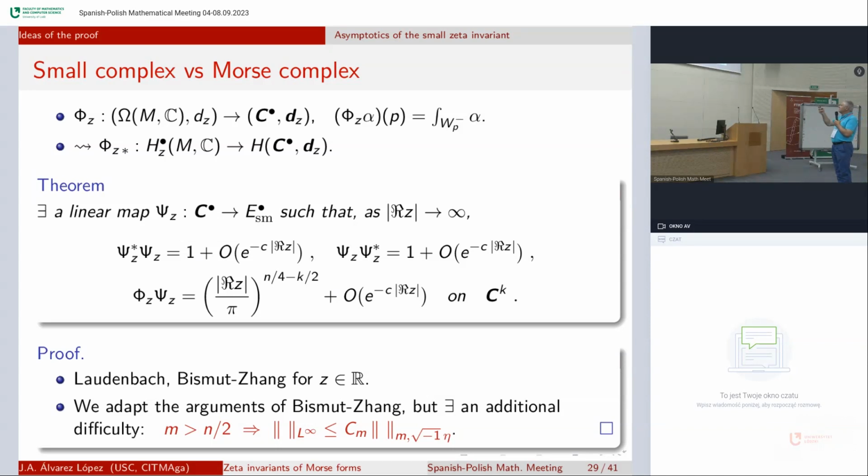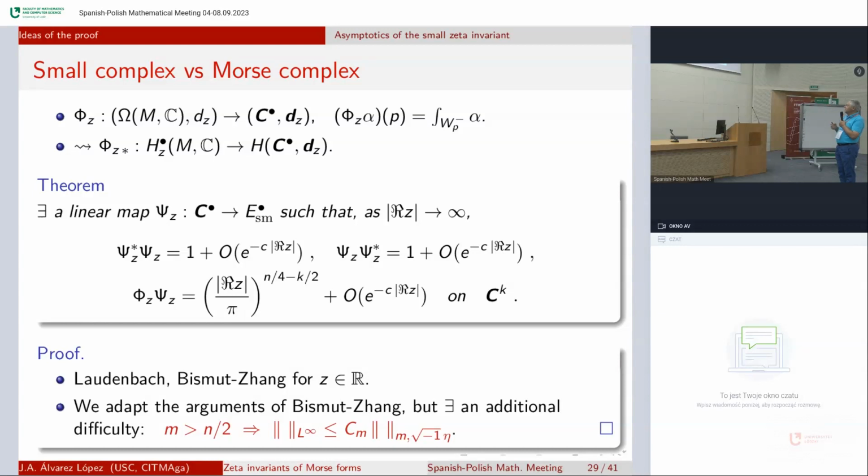This was proved by Laudenbach, Bismut and Zhang for real parameter, and we adapted the arguments of Bismut and Zhang. But there is an additional difficulty, which is what we prove here. This is not very easy to see.